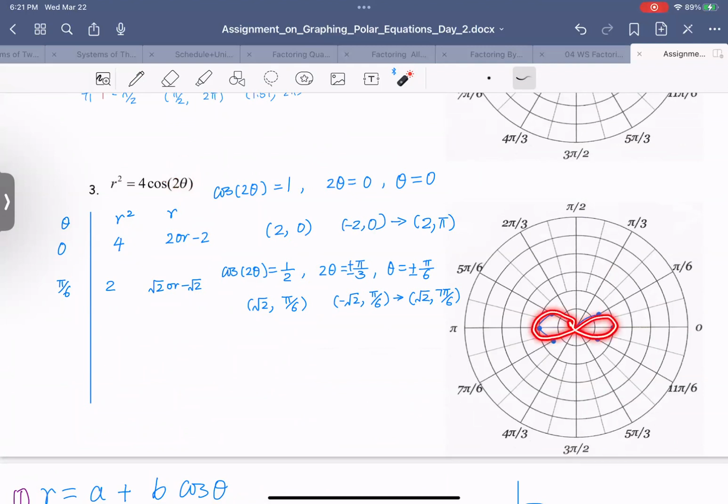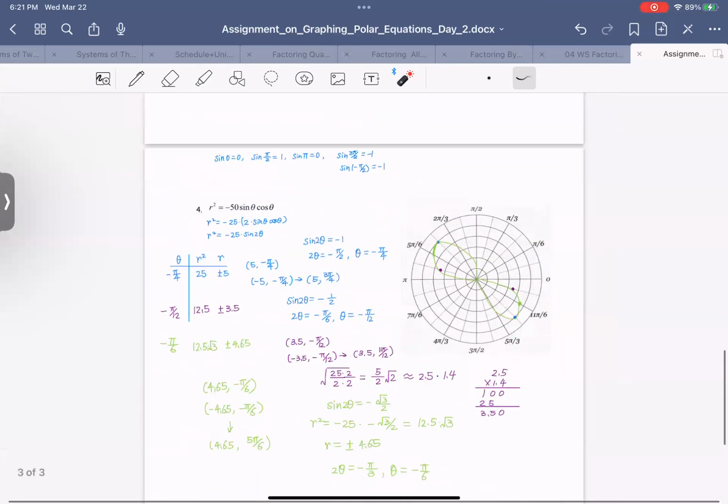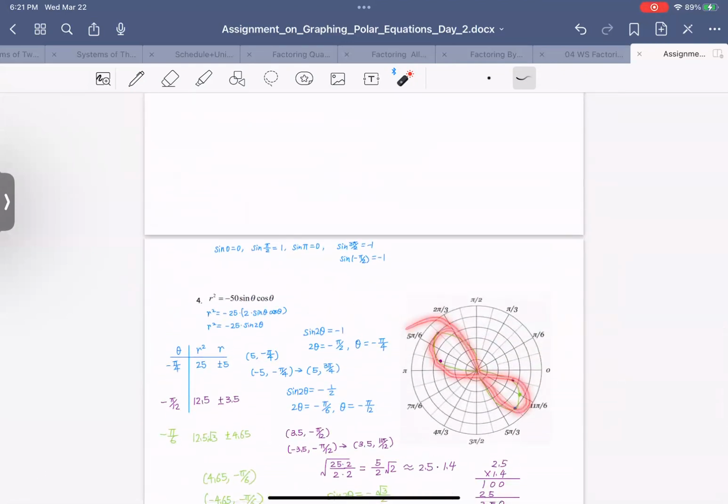You either have it horizontal if it's a cosine, or you have this kind of rotation.